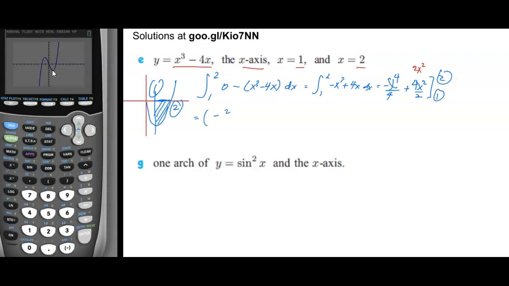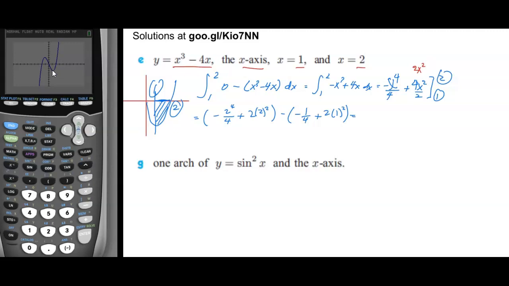So negative 2 to the 4th over 4 plus, oh, I forgot, this is going to be 2x squared. So 2 times 2 squared, minus negative 1 to the 4th over 4 plus 2 times 1 squared.